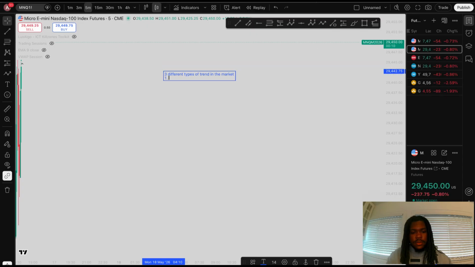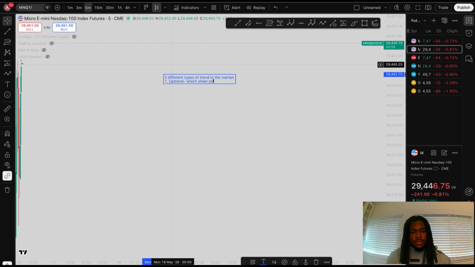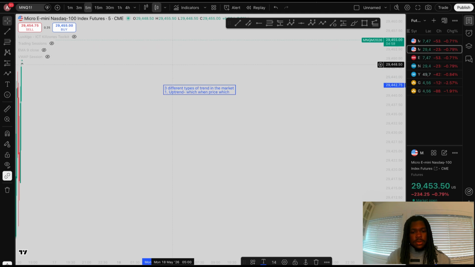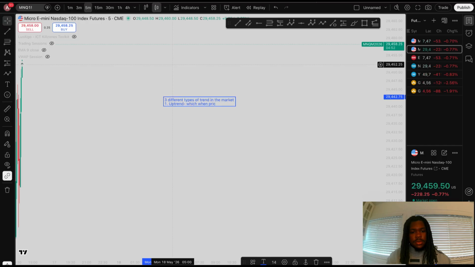We have one, an uptrend, which is price, which we'll talk about price as well. Is when price is making higher highs and higher lows.